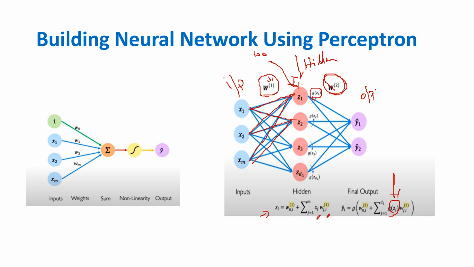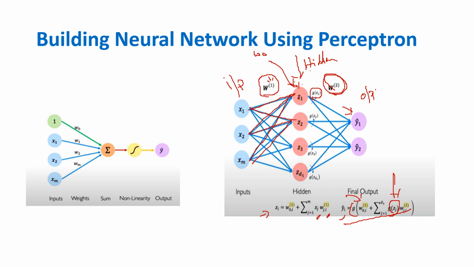Now we are multiplying the activation output with the respective weight tied to the output layer with Z1, and we are also summing it up with the rest of the neurons and their associated weights tied to the output layer. That's how we get it, and then we pass it on again. We need an activation function. You see this G, and then we get the final output. So that is how the final output is obtained.